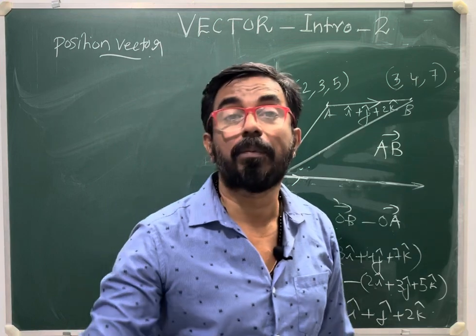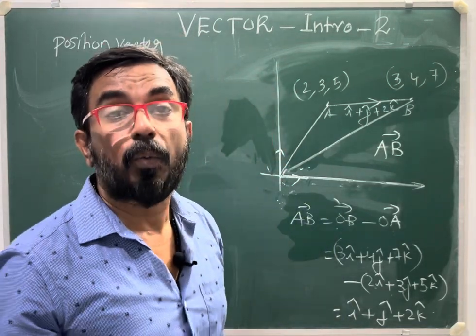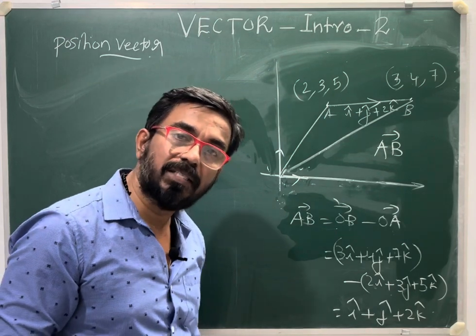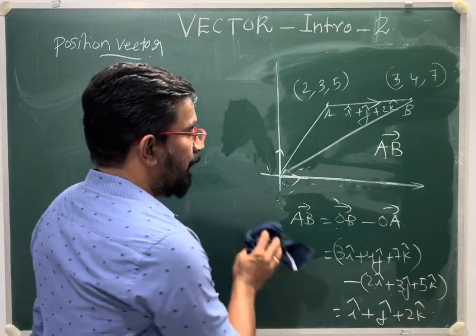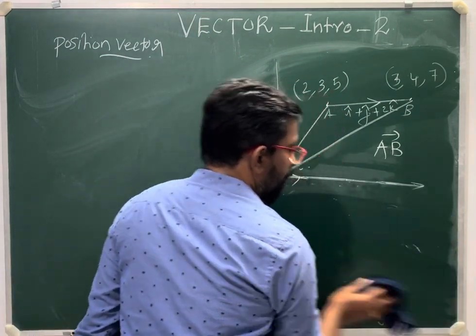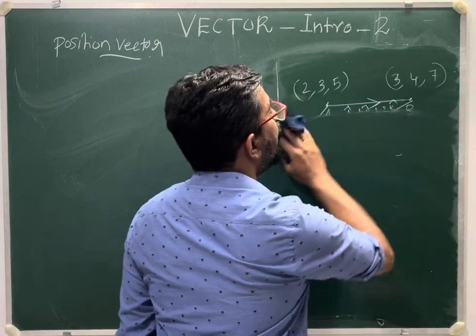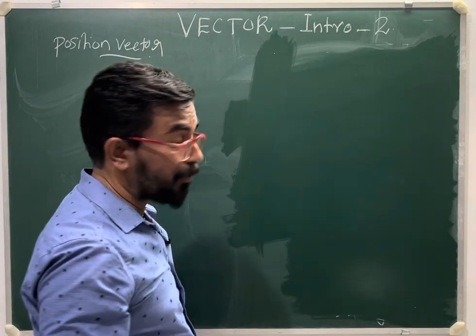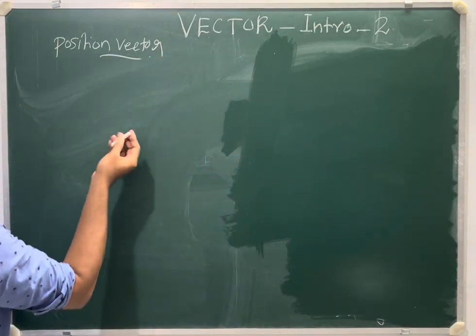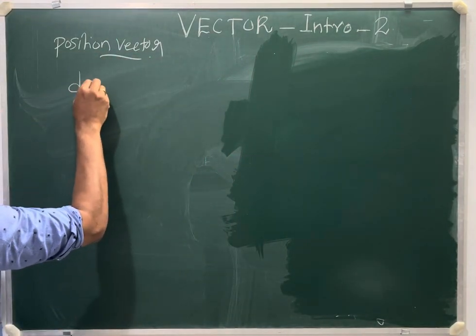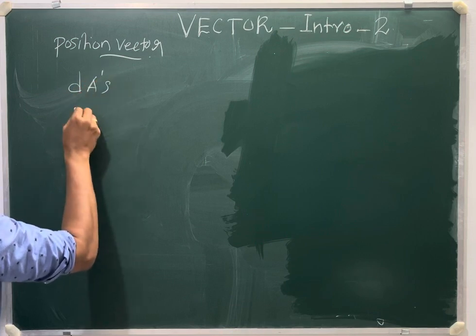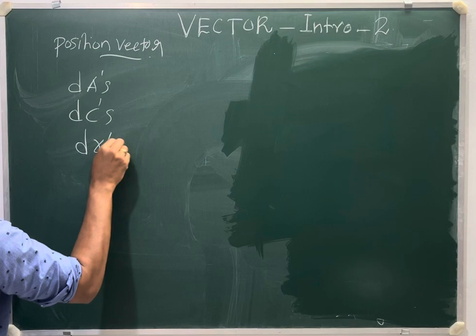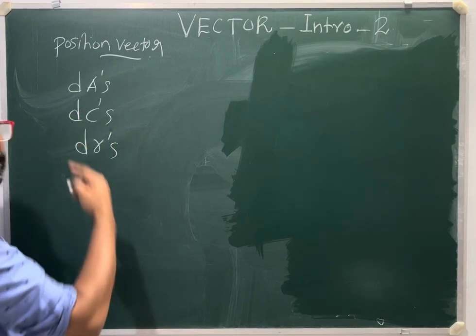Now, another important thing I want to add is, what do you mean by direction angles, direction cosines, direction ratios? I'll tell it in the simplest way possible. We are not going into the detail of the derivation of the property and all. So we will say usually this one, what are DAs, DCs, DRs.